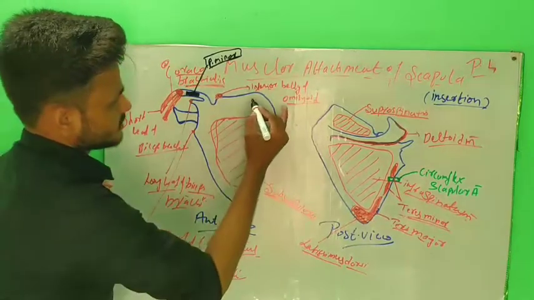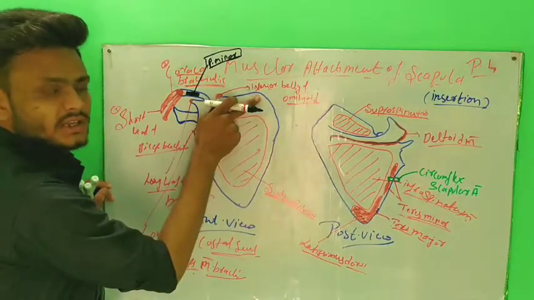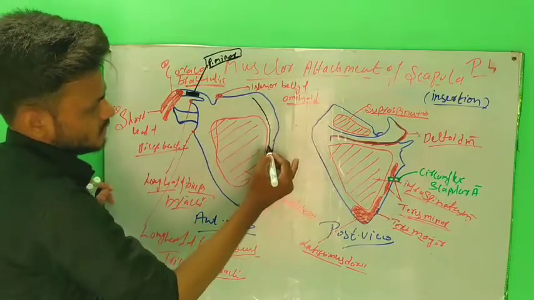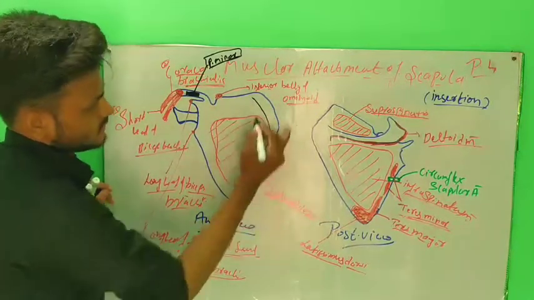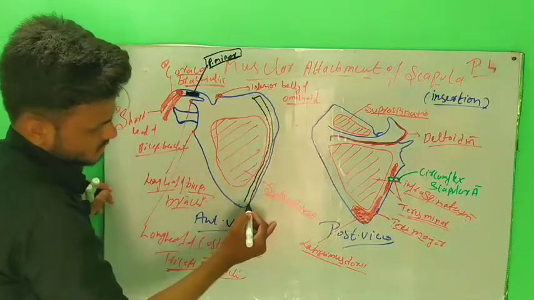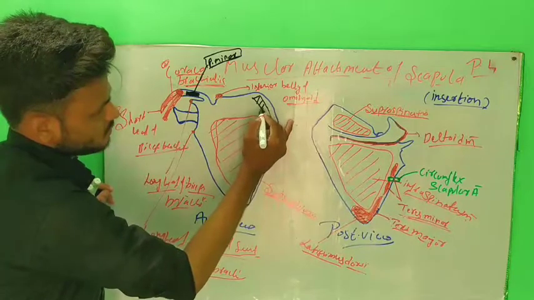Now our second muscle, from the superior angle to the inferior angle. This muscle is called serratus anterior.